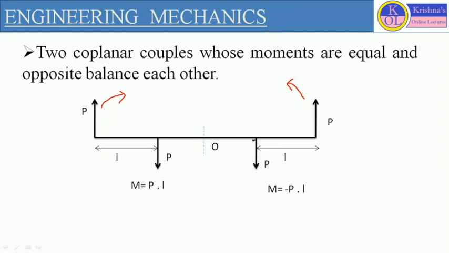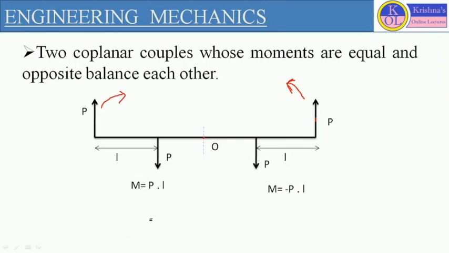So the directions of both couples are opposite, but these couples should be coplanar, meaning all the forces should act in a single, common plane, and all the forces should be rotating about one particular point, which we consider as O. These two forces separated by distance L form a couple in the clockwise direction, and these two forces rotating about the same point O in the same plane form a couple in the opposite, anti-clockwise direction.